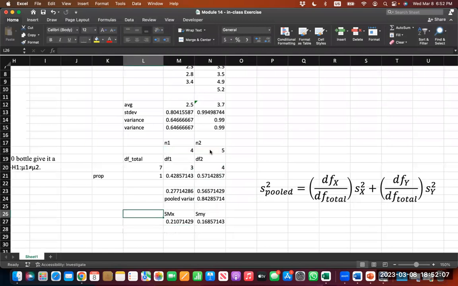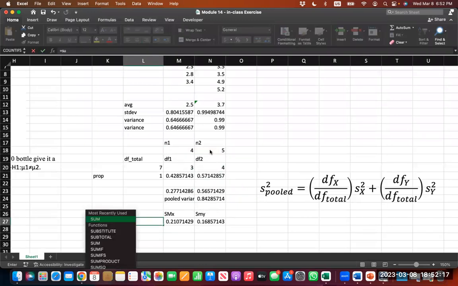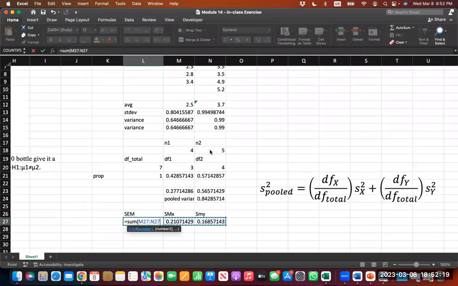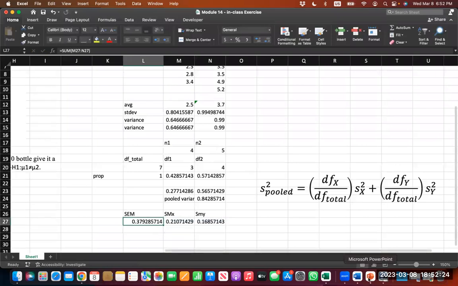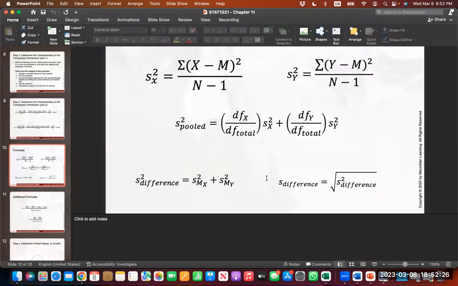Adding this up would give us now the standard error of the differences between the means. So our SEM is here the sum of these two. And there it becomes a little bit more involved, right? So this is the squared standard error, and now the square root will get you to the actual standard error.